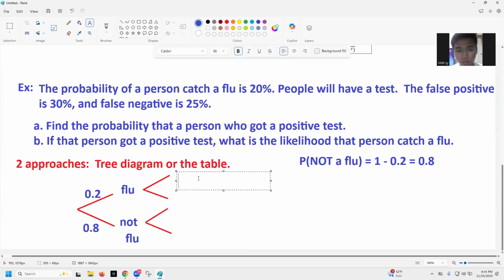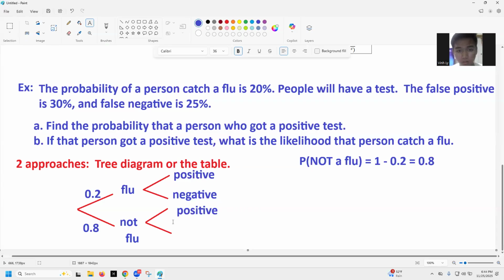Now we're going to take all of these people to the test. You have two case scenarios. They may get a positive test, they may get a negative test. Positive means that they have the disease, they got the flu. Negative means they don't have the flu.